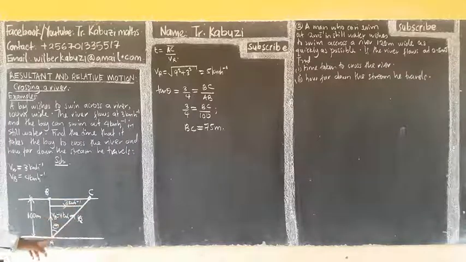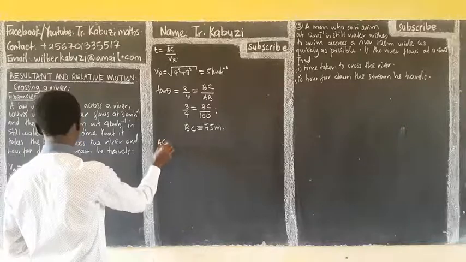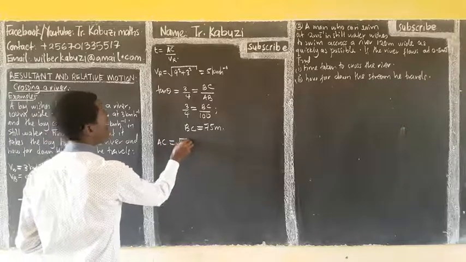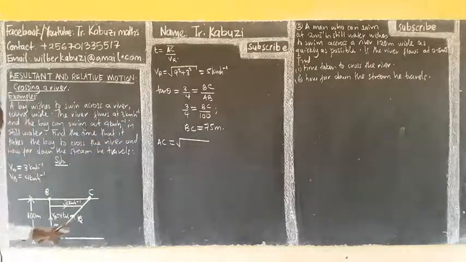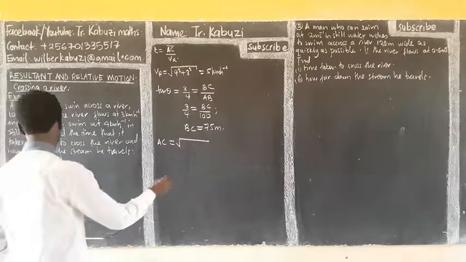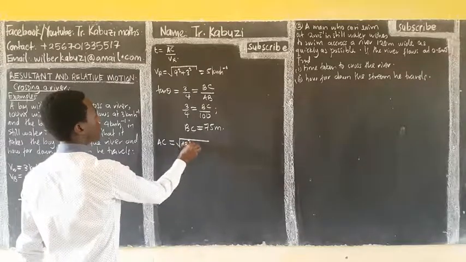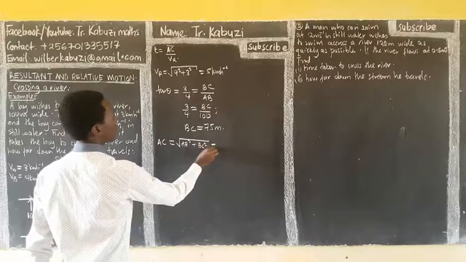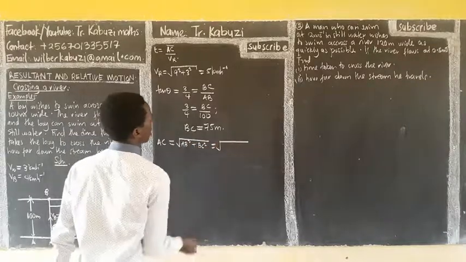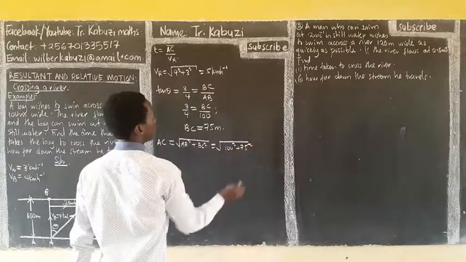But if I have BC, I can get my SC. So now my SC is going to be the square root of AB squared plus BC squared, which is the square root of 100 squared plus 75 squared.